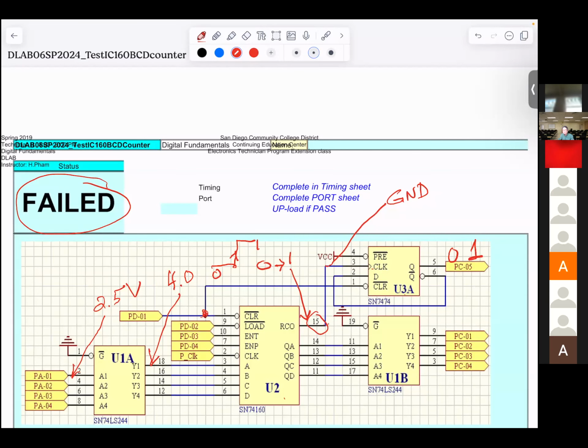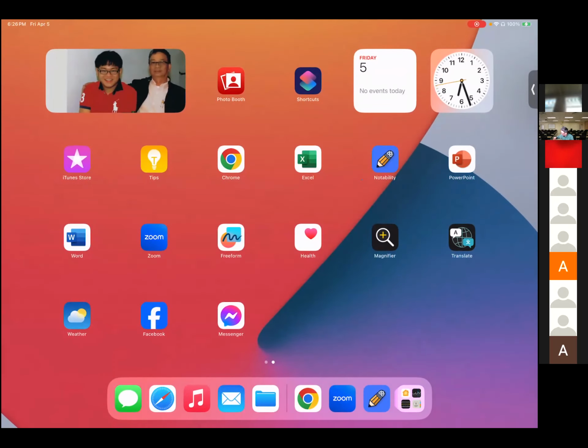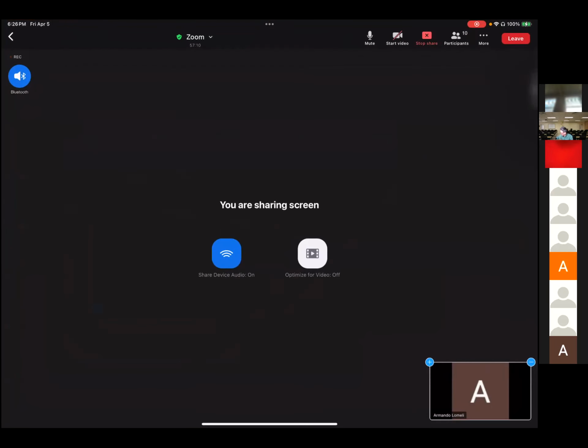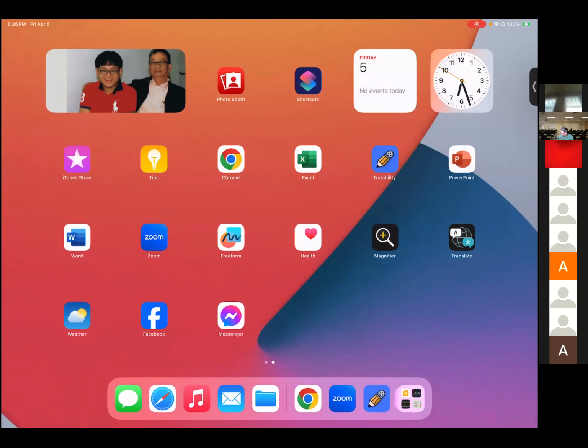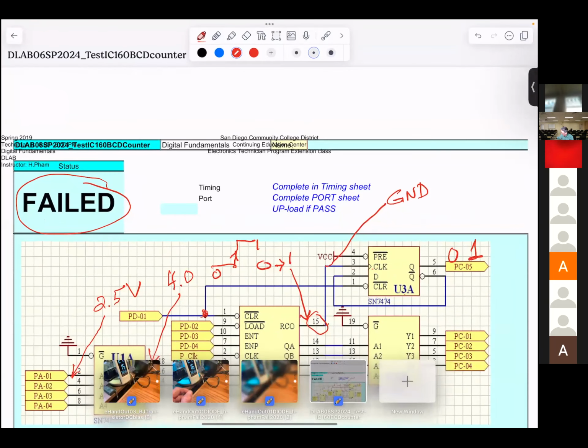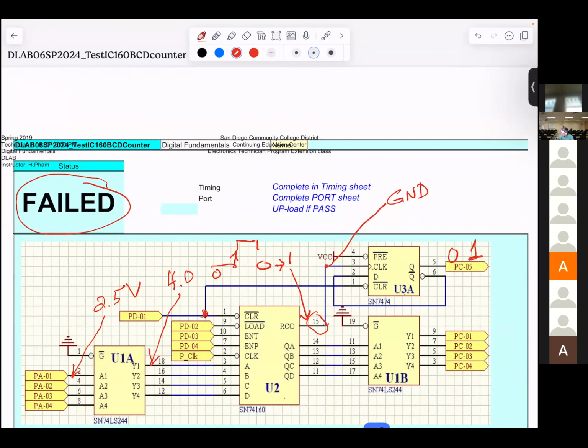Do you hear me? Test 6. When I short this line to route, tell me, when we do the test, what test will fail? Six. Test number 6, or what?